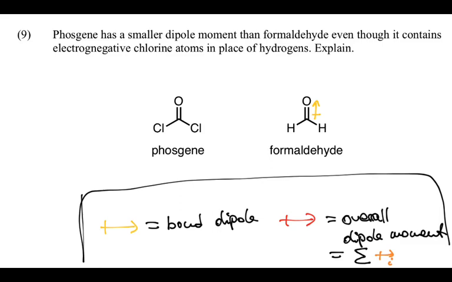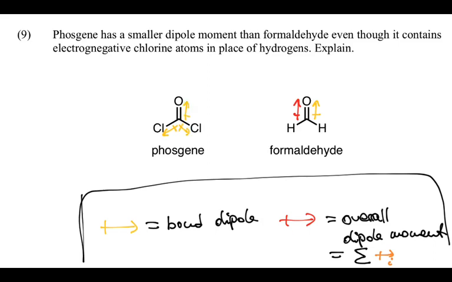Now the overall dipole moment in the formaldehyde case is just the same as the individual bond dipole. There are no other dipoles, so I'll just draw that here. But in the phosgene case, you have dipoles that look like this, and like this.